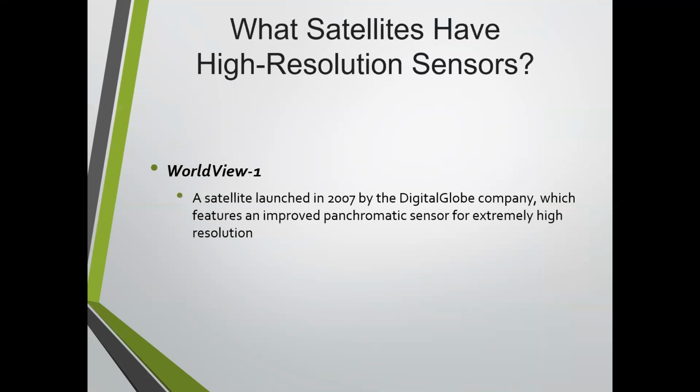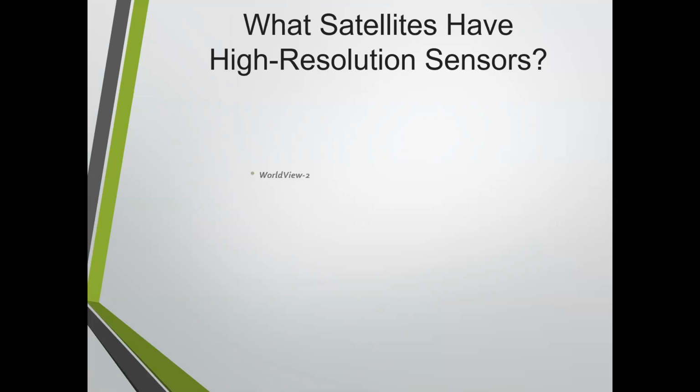Worldview 1, this was developed in 2007. Again, that Digital Globe company, which I think some of these guys have merged, they also own Ikonos. So these have panchromatic sensors at extremely high resolution. They're a 0.5 meter resolution.